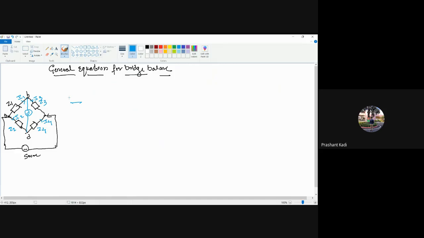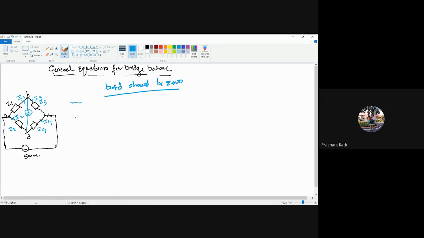Current should be zero. This requires that the potential difference between the points B and D should be zero. Remember, when we have the same potential, then the bridge is balanced.